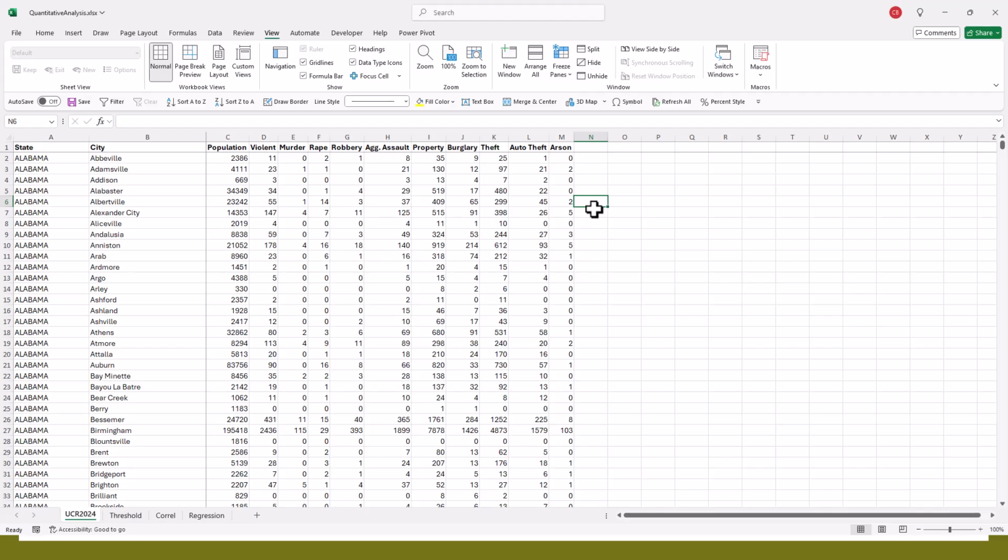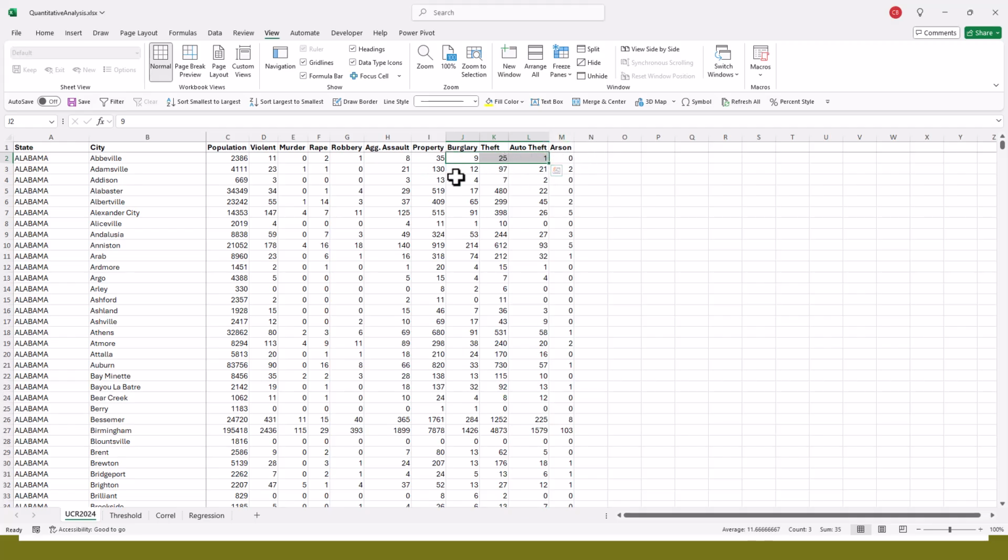Okay, so the violent crime total here is an addition of these 4 fields: murder, rape, robbery, and aggravated assault. It isn't a separate category. Similarly, property is an addition of burglary, theft, and auto theft.